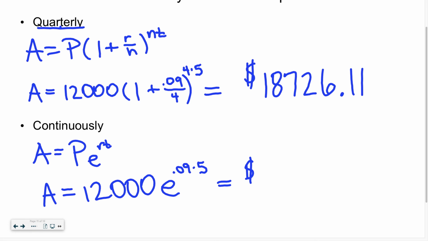What do we get here? We have money. 18,819.75, I bet?